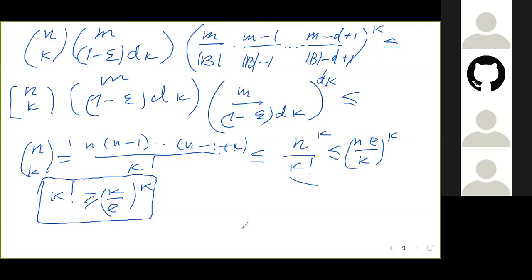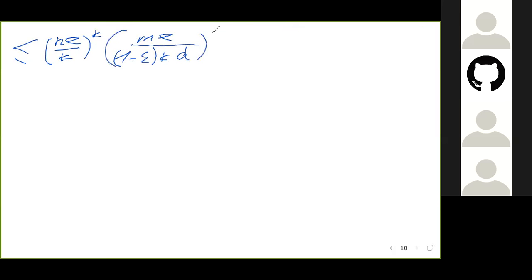And so using this upper bound for the binomial coefficient, we can rewrite everything here as follows. So our probability is at most n choose k, which means n e over k to the k. Now m choose 1 minus epsilon times kd times e to the 1 minus epsilon kd.